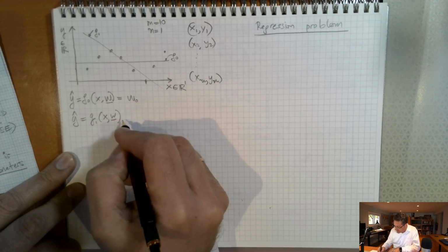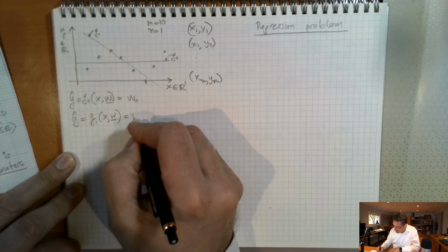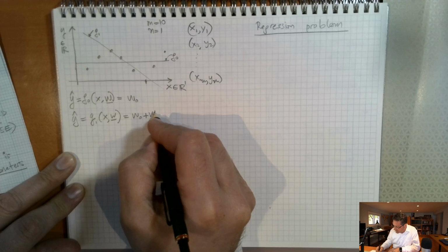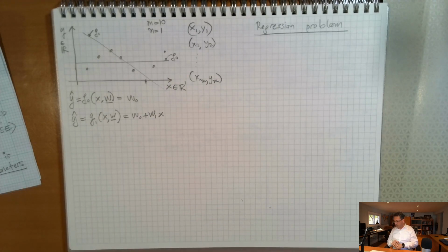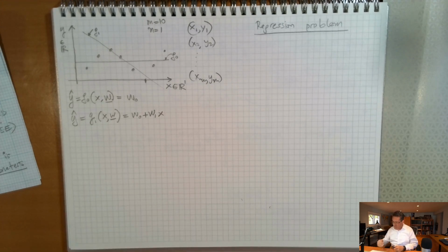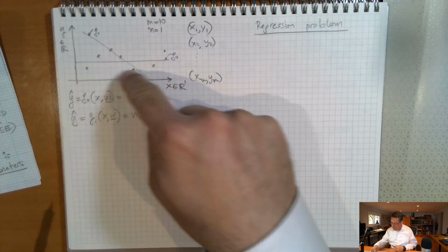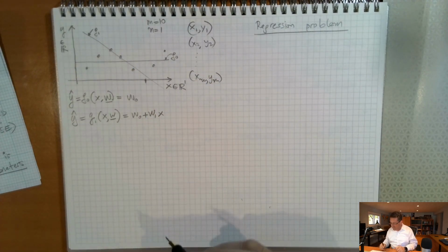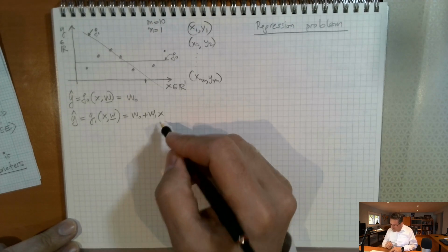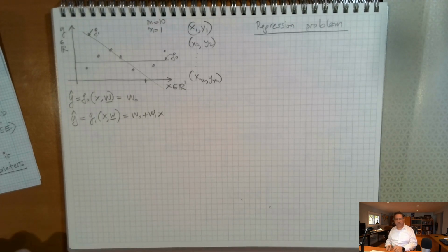This g1 can now be written as w0 plus w1x. And I hope you remember the equation of a straight line, mx plus b, is exactly the same equation. Now we are not constraining the hypothesis to be parallel to the x-axis, but we have introduced another parameter, w1, and we started using the features that someone is giving us to define this hypothesis.